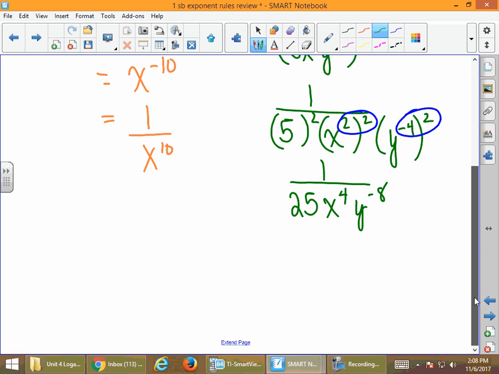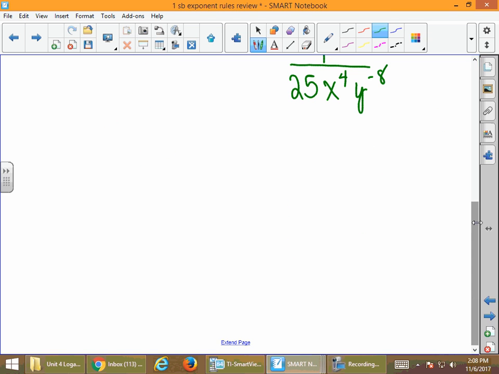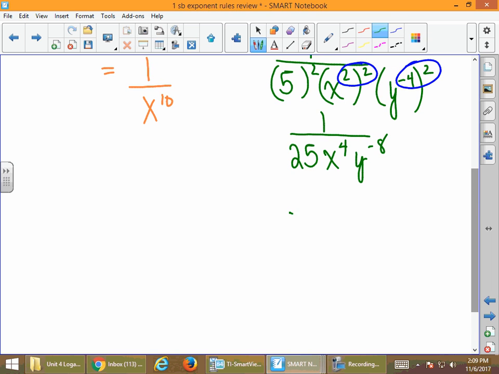So when we flip, once again, the 25, it's not moving. The x to the 4th, it's not moving. The y to the negative 8, we're going to flip and change the sign on the exponent. And if you prefer, you can leave a 1 there as well.